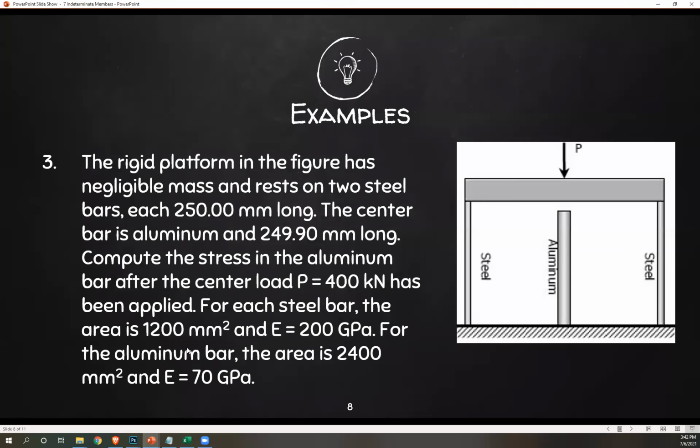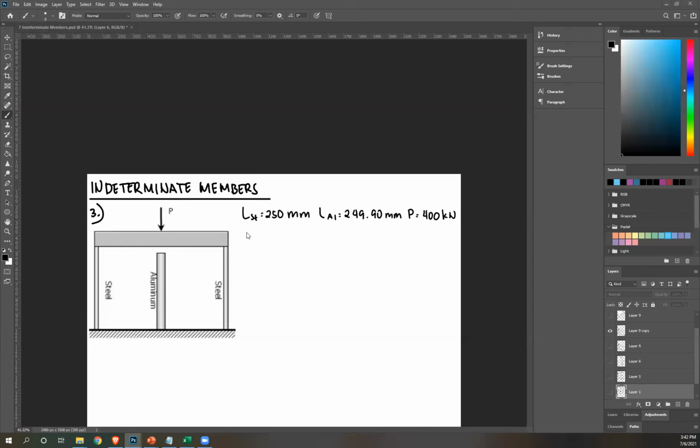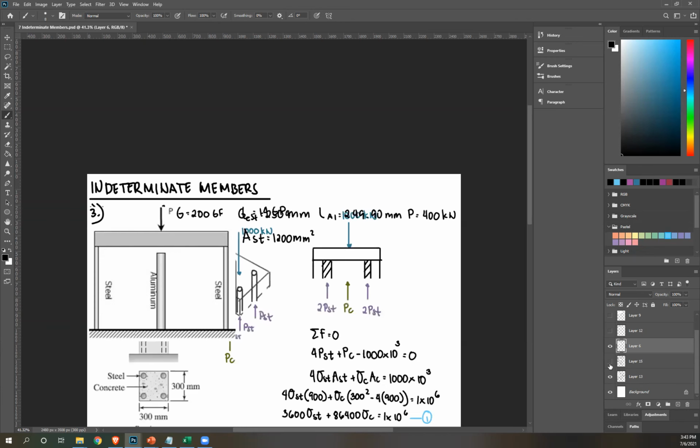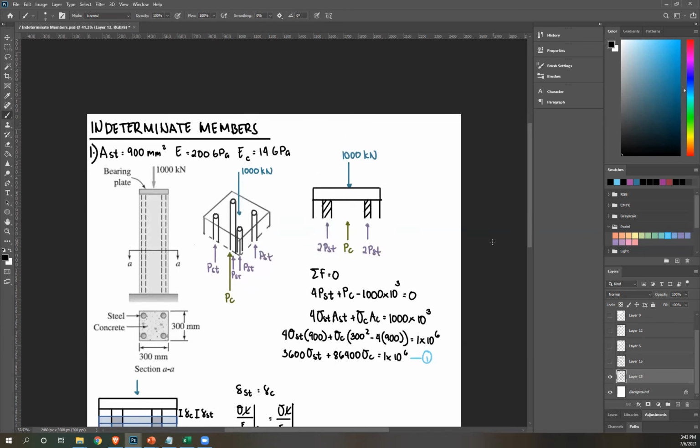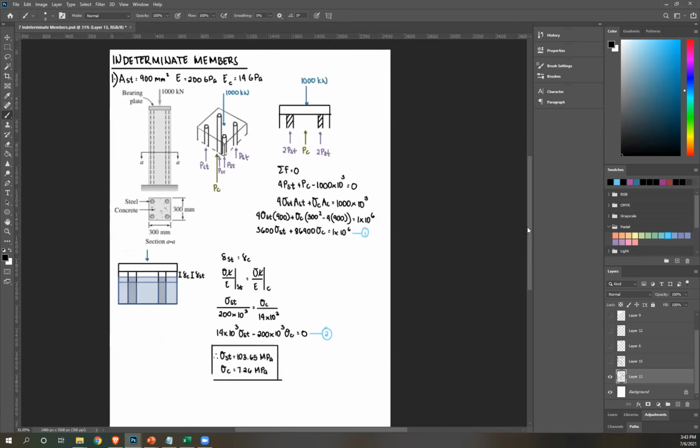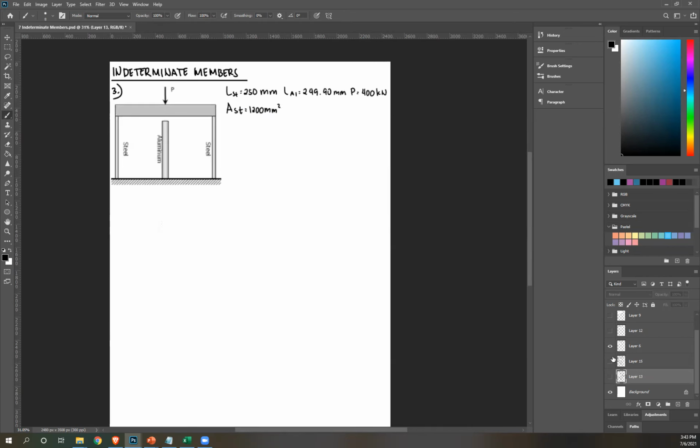Okay. What else? Area is 1,200 and then 200 GPa and then 70 GPa. So area steel 1,200 and then E should be... Just got mixed up in the variables. Okay, so fix that.